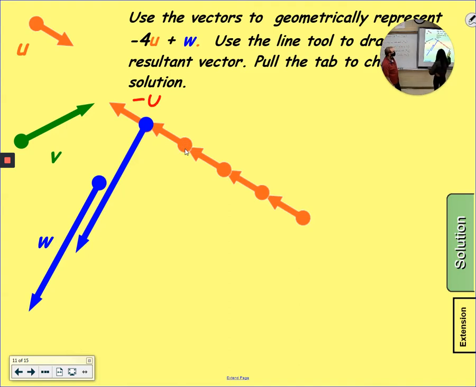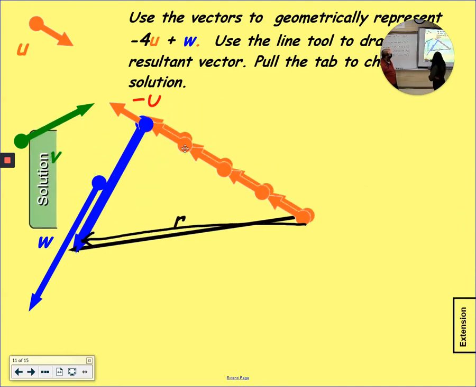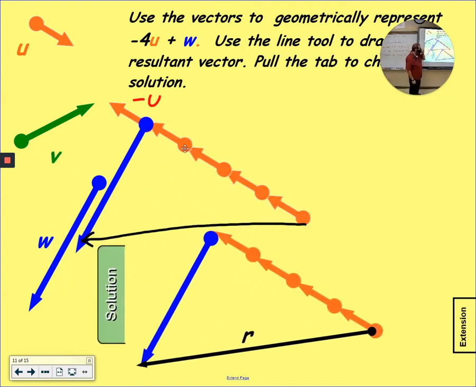Starting at the end, and put an arrow on it. Okay. Grab the solution and pull it over. Let's see how you did. Check it out. Gorgeous. Excellent job. Nice one. Very proud. Again, this is a great place to ask a question if you got one. So that's geometric vector addition.